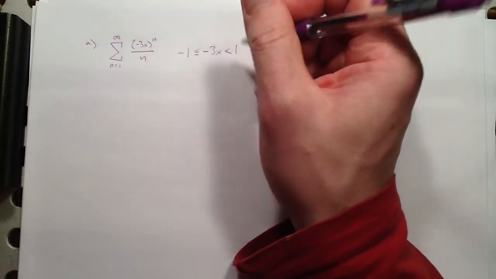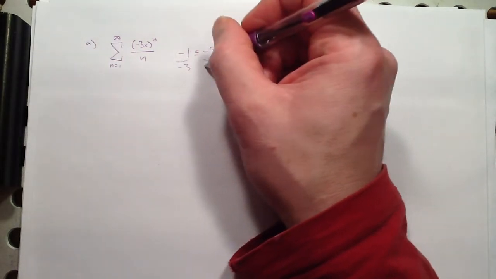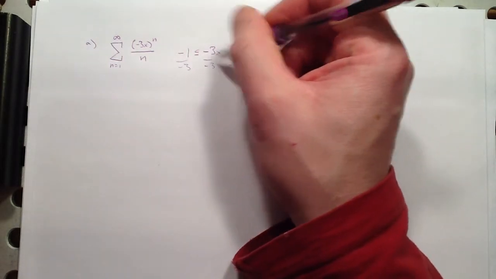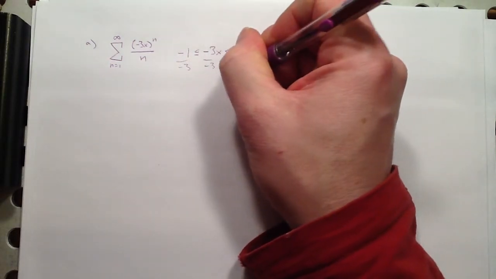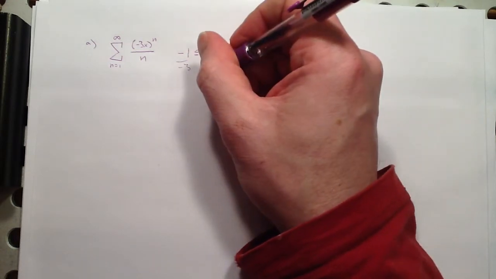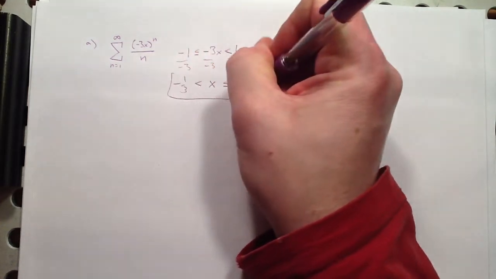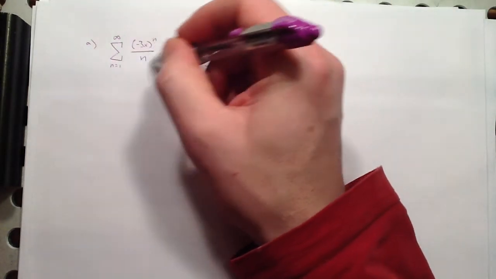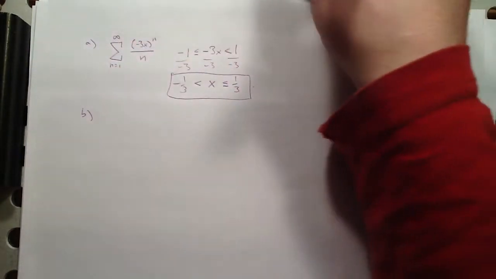Teach an Algebra 1 kid to do this. Then I divide everything by negative 3. That's going to flip all the signs. That's going to give me 1/3 with the equal sign, x in the middle, and negative 1/3 here. So there's your series, there's your interval of convergence, all just by substitution.